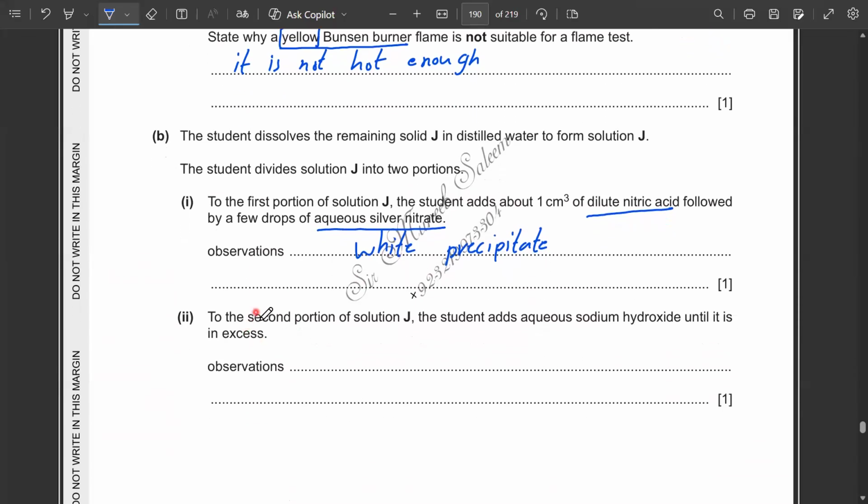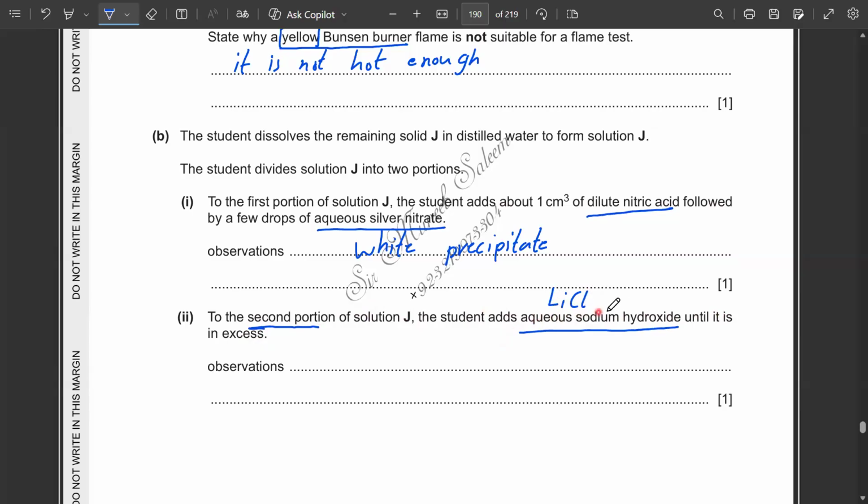Then second part, to the second portion of solution J, the student adds aqueous sodium hydroxide until it is in excess. Give observations. The second test has been performed using aqueous sodium hydroxide, and our compound is lithium chloride, LiCl. This is the formula of lithium chloride.